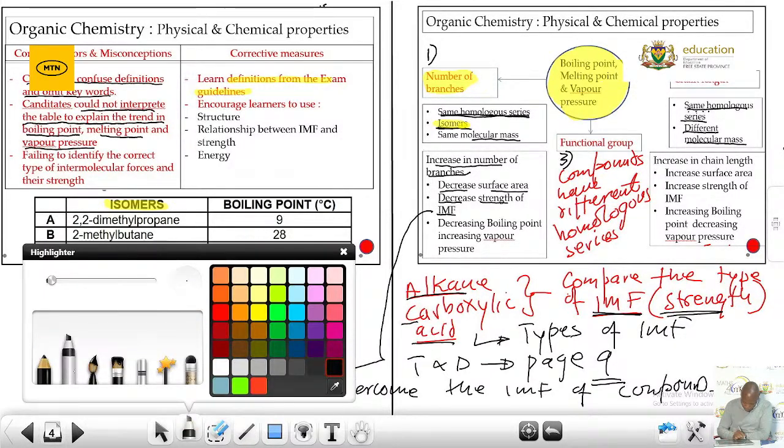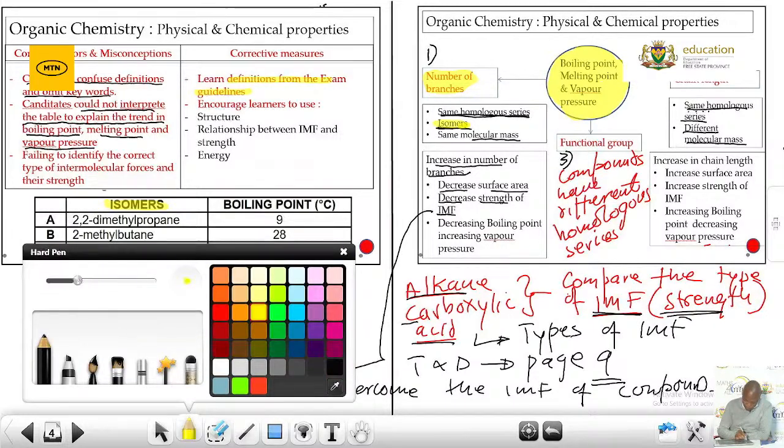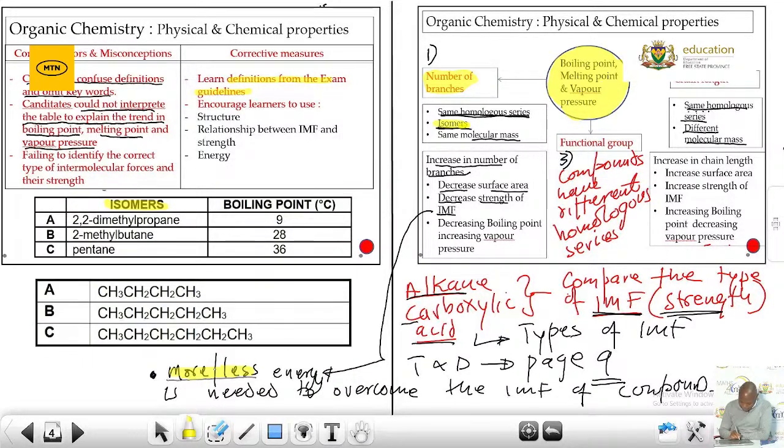So it becomes now an easy way of us looking into it for the purpose of giving the examiner exactly what we need in terms of allocation of marks. So that is very, very critical, after concluding in terms of the strength of the intermolecular forces, it is critical also to include the amount of energy, either more or less, that is needed to overcome, critical word, not to break, but to overcome the intermolecular forces of compound that we are referring to.